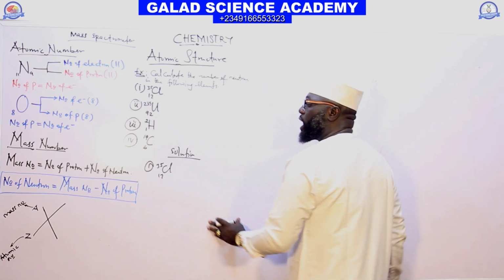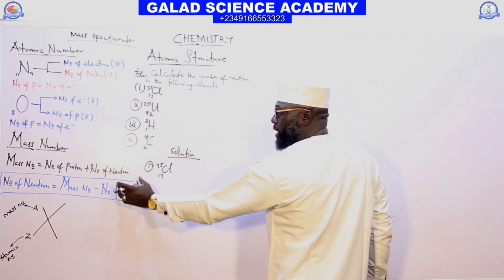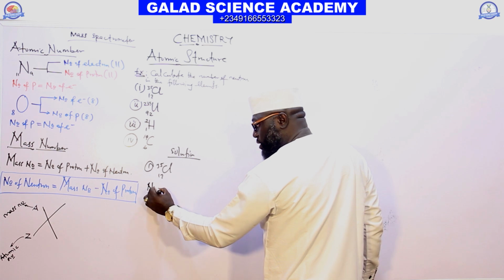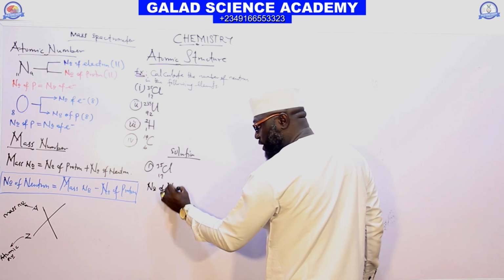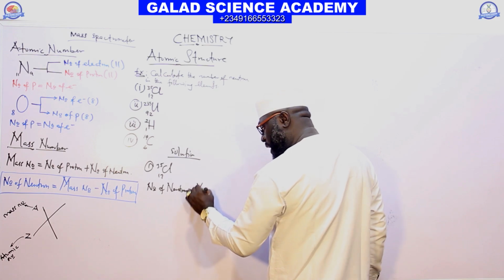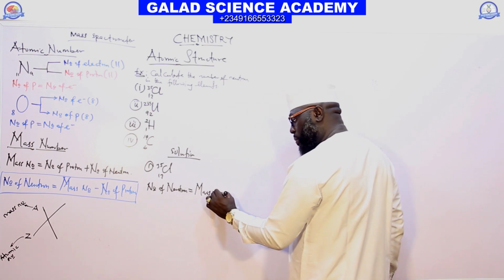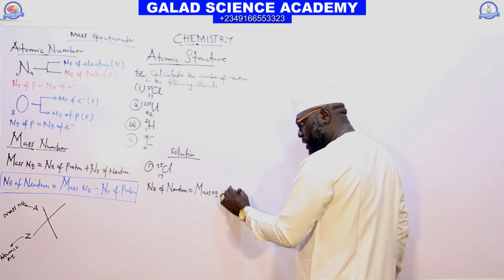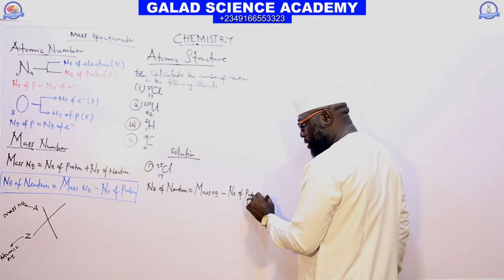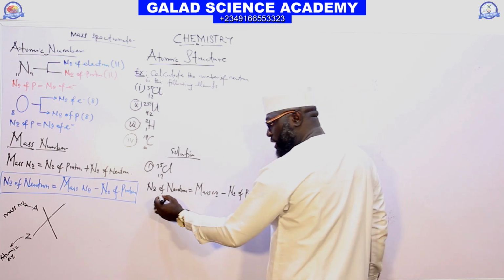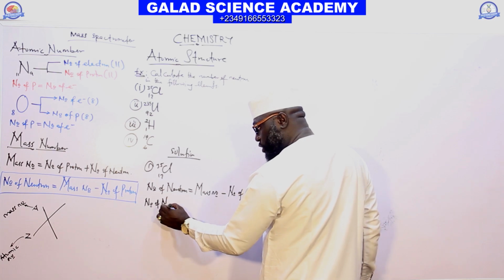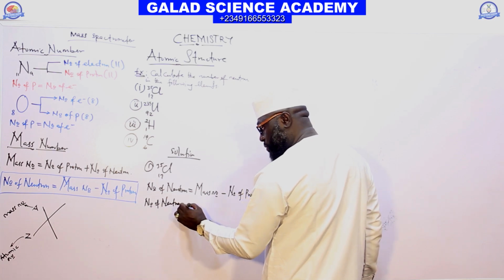You know that the number of neutrons is equal to mass number minus number of protons.